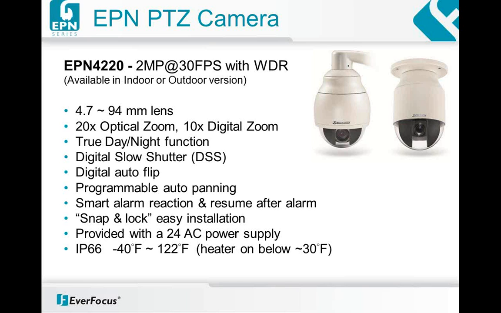It has the snap and lock dome, so you mount the outer dome itself, and then you take the camera and snap it in. It has 2 locks on each side. A 24 AC power supply is provided with it, or you can use your own power supply if you wanted to. It's IP66, again, -40 to 122 Fahrenheit.